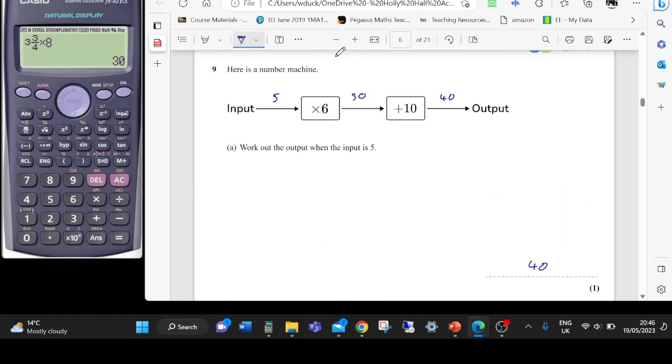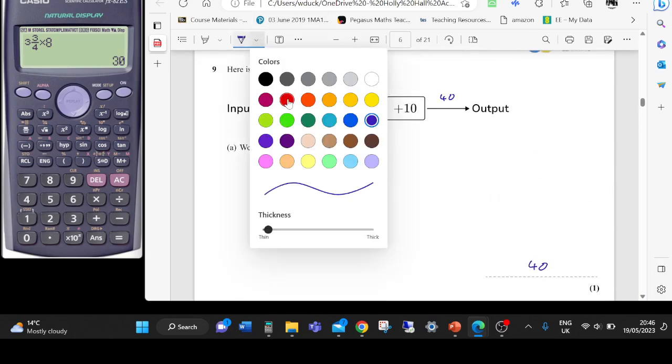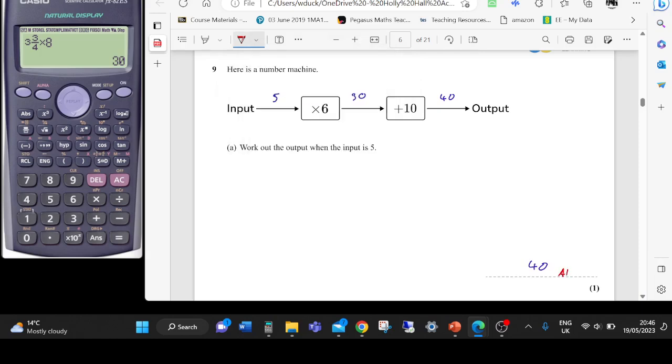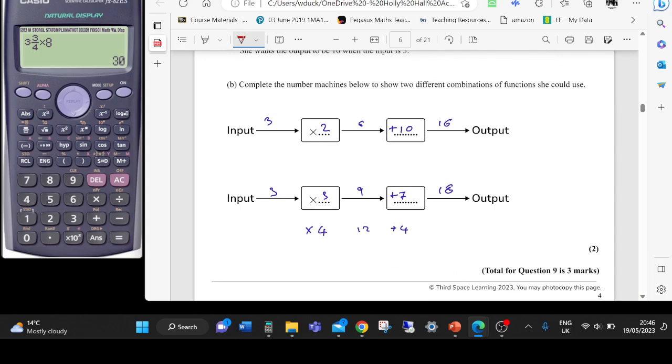Right, marks then. Where are we? So this is question 9. We have got A1 for 40 for the first part, and for part B, M1 for correct first numbers, and they've got various options.